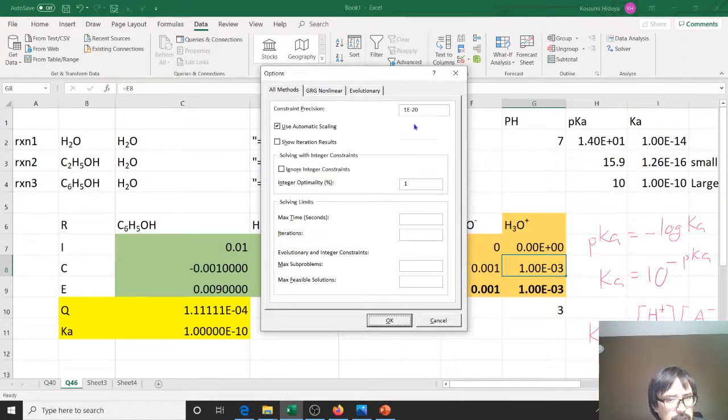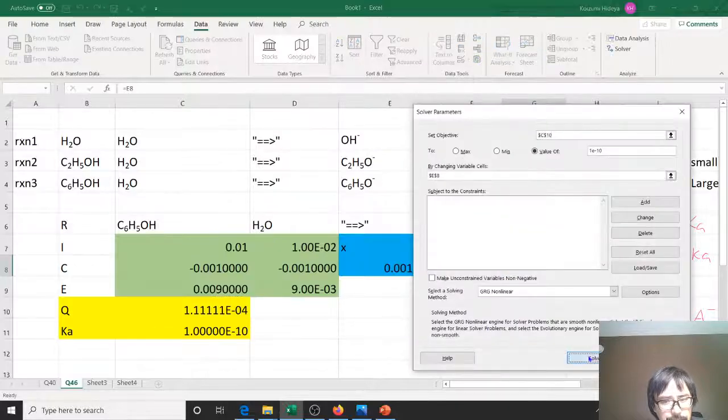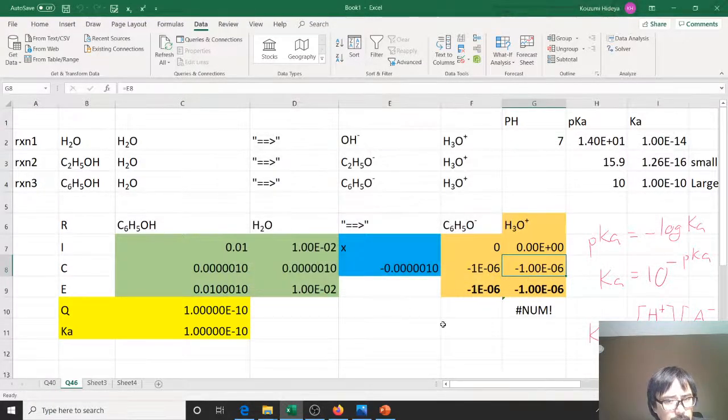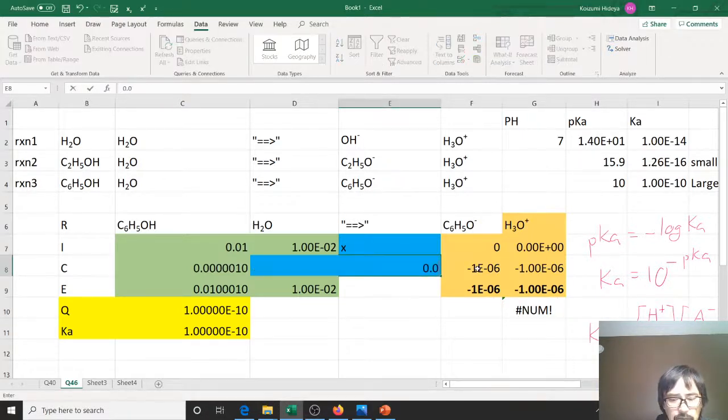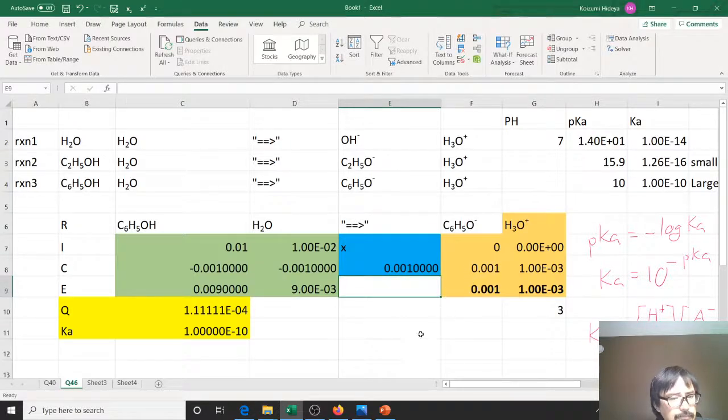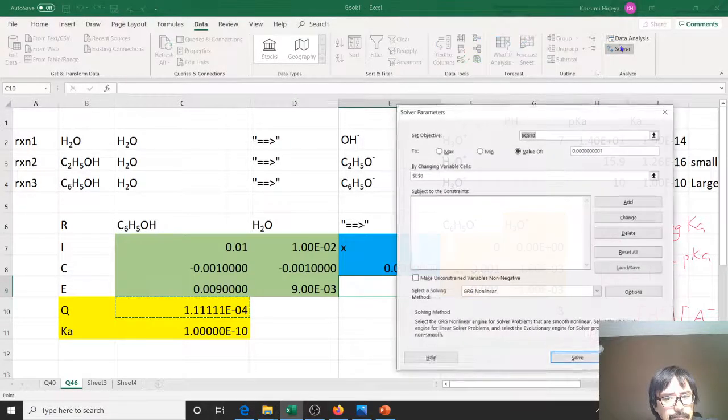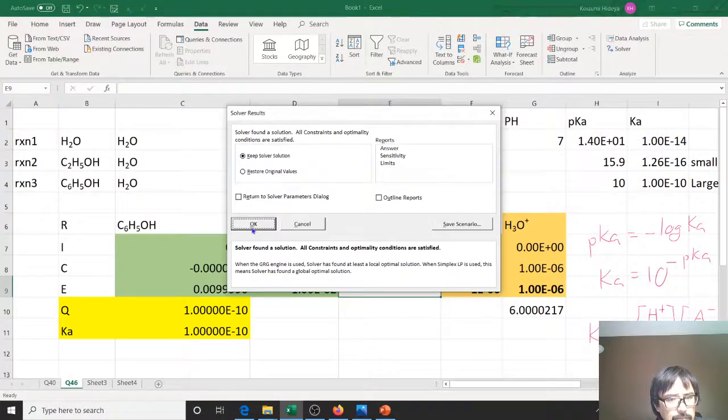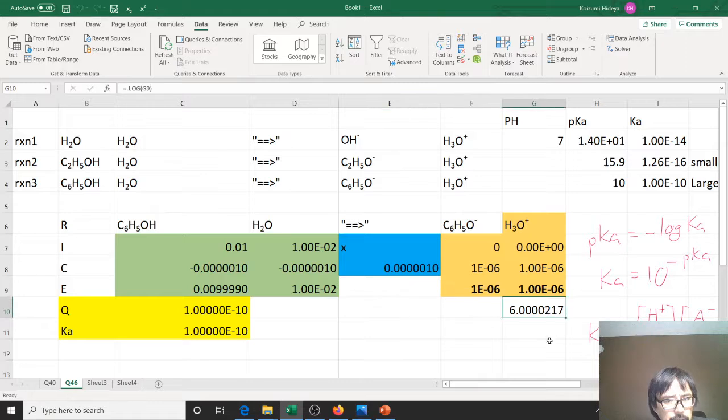Make sure that this thing is 1e to the 20. Then you find the solution, which is that. Oh, why am I having this? Just pushed it. So you got this number right here.